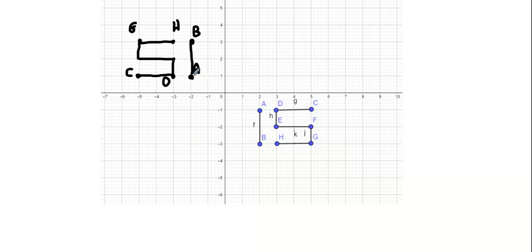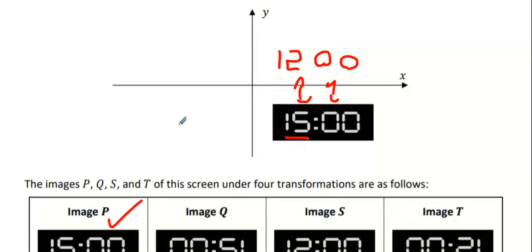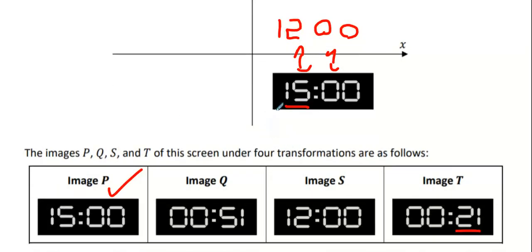Okay, so that's why for this question here, the 15 would be the opposite way around completely, and it'd be like it rotated. It'd be like it spun around.